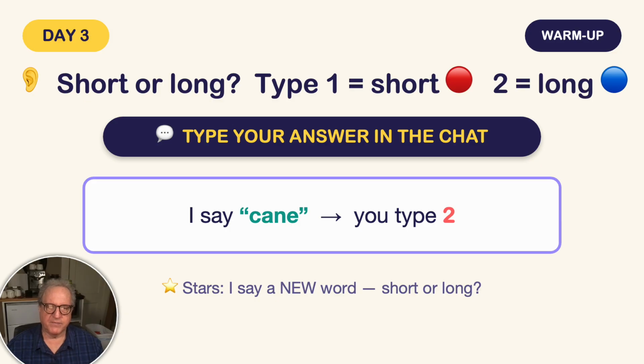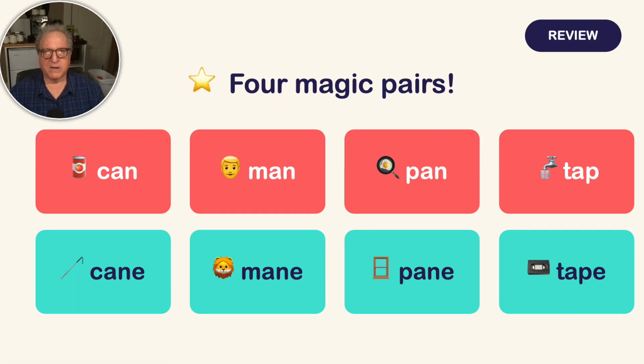Very good. Okay, look, we have 4 magic pairs all in one lesson. Here they are. They go at the top and down below. So let's start with can, cane, man, main, pan, pane, tap, tape.